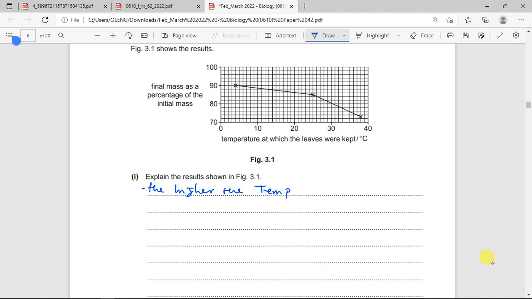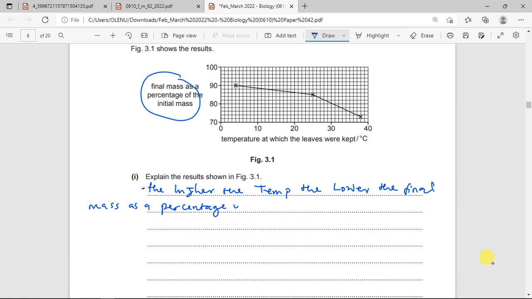The higher the temperature, the lower the final mass as a percentage of the initial mass.